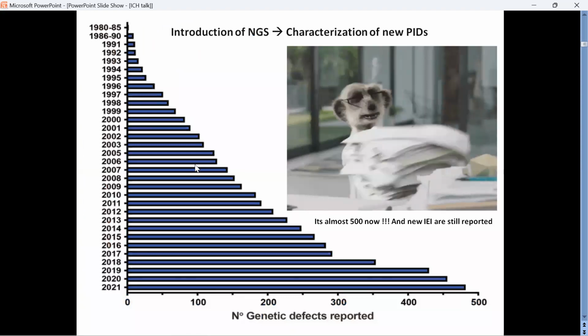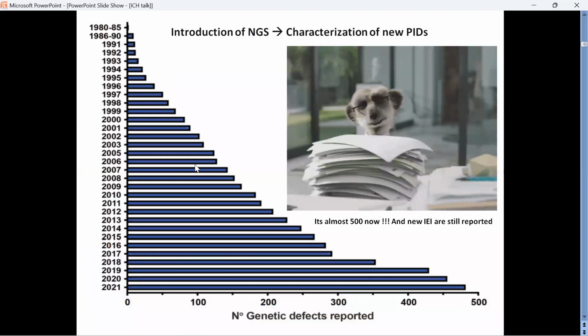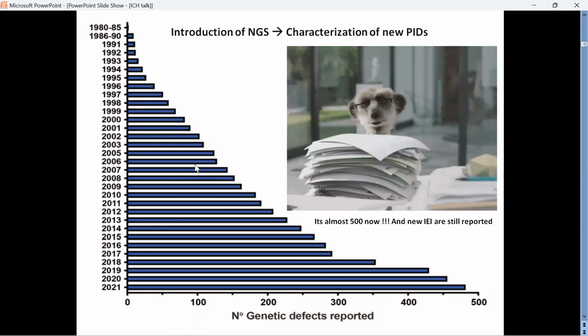With the advent of next generation sequencing, new mutations are picked up in suspected cases by whole exome sequencing, and it is being reported. Hence, the number of PIDs reported is steadily increasing, and soon it may reach 500.